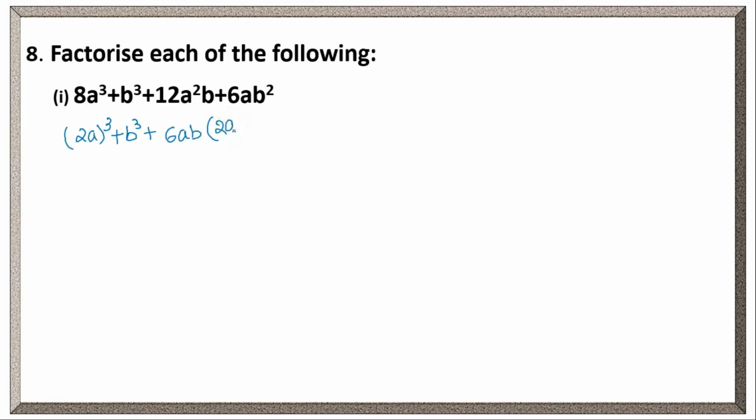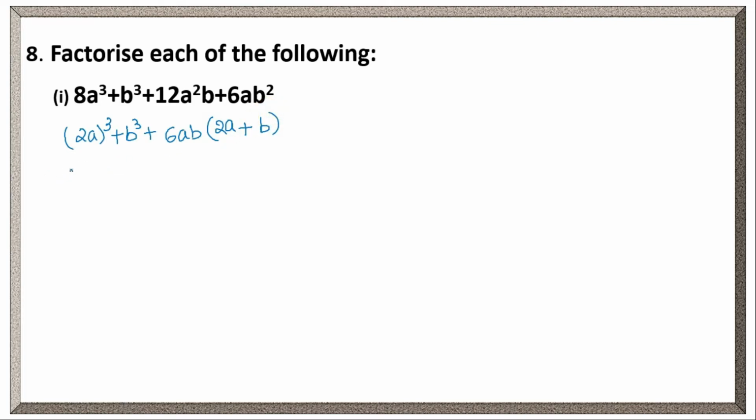So 1a will remain. b already we have taken common, so b won't be there. Plus 6 already we have taken common. a also we have taken and b also we have taken as common. But here b square is there, one more b left.